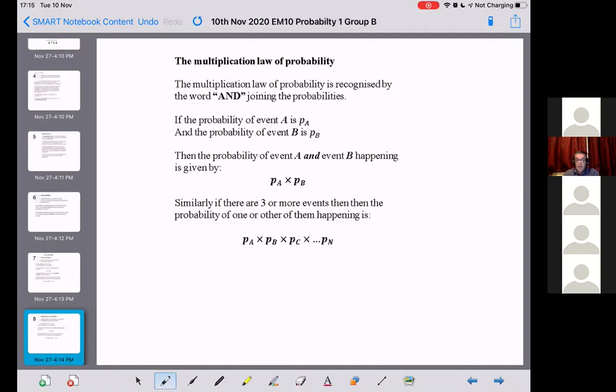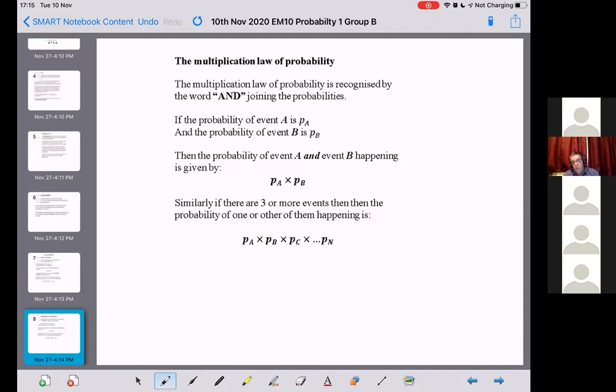Secondly, the multiplication law. This is where we hear the word and between two probabilities. So what's the probability of getting a 3 and a 4 by throwing a dice twice? If the probability of an event A is PA and the probability of event B is PB, then the probability of event A and B happening is given by PA times PB.